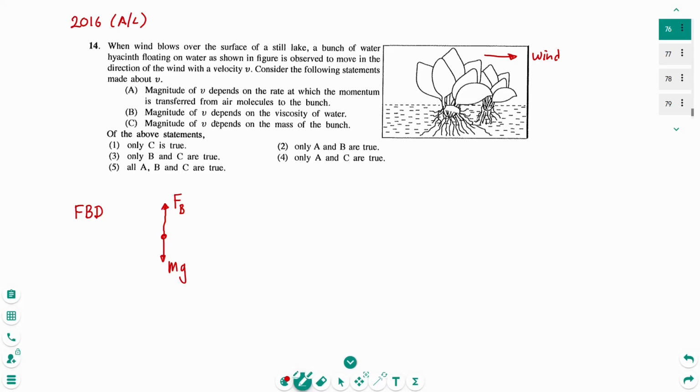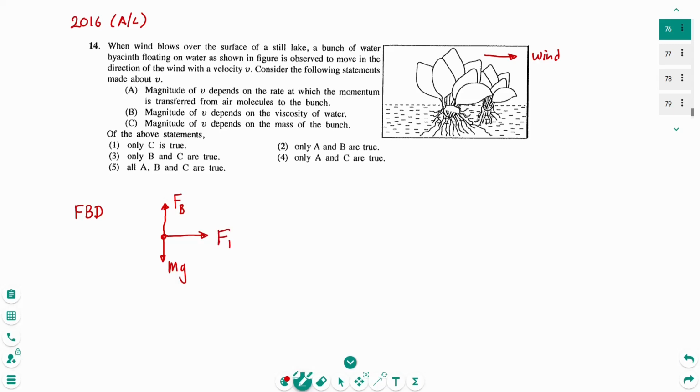There's a change in the momentum of the air molecules when they collide with the large surface area of the water hyacinth leaves. As a result, there's going to be a force acting in the direction of the wind. Let me call that force F1.